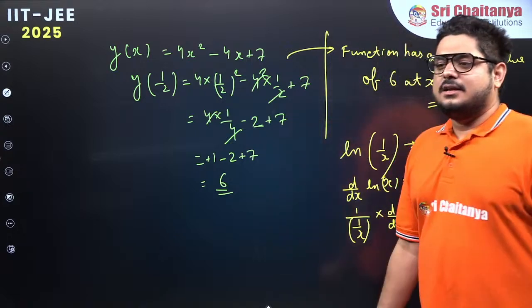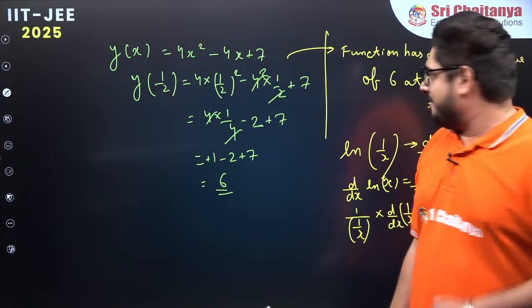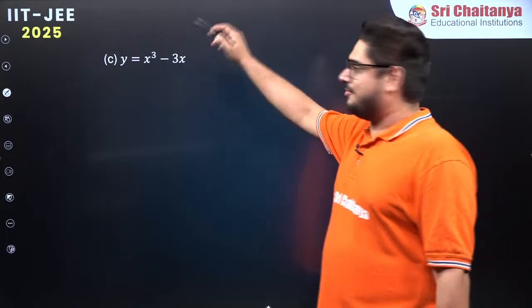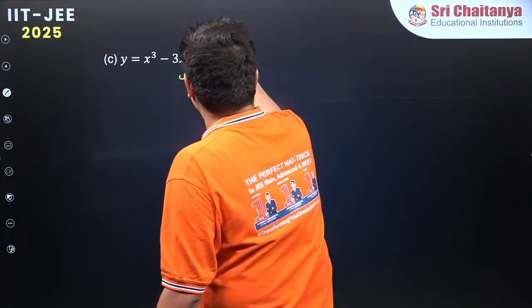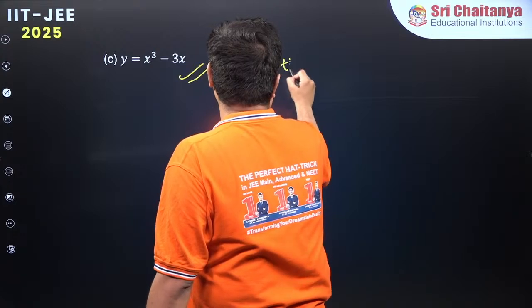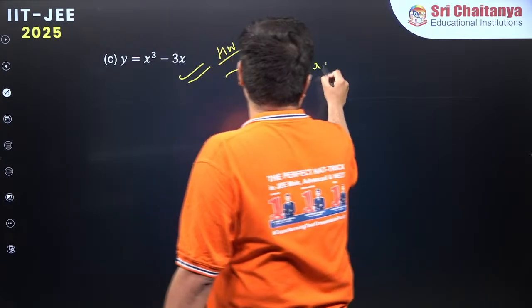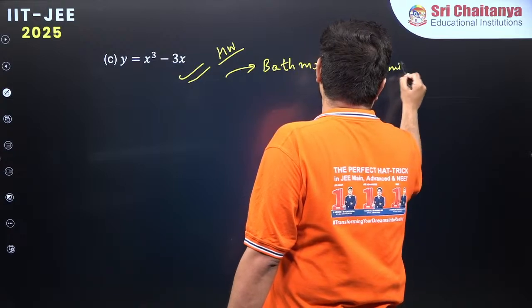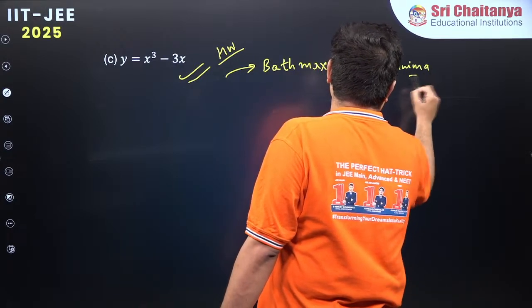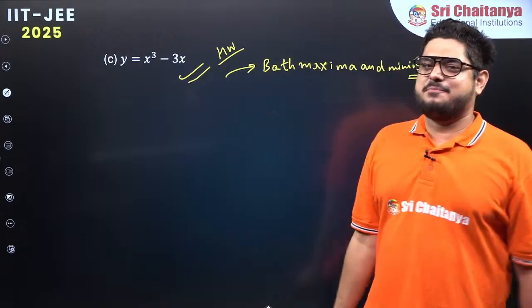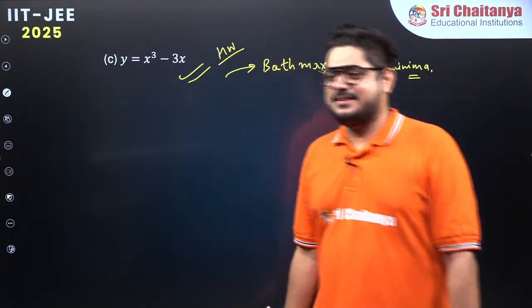Now in the upcoming days, you can mark these as homework. Try to solve this cubic equation as your homework. It will be having both maxima and minima. So this will be having both maxima and minima, everyone.